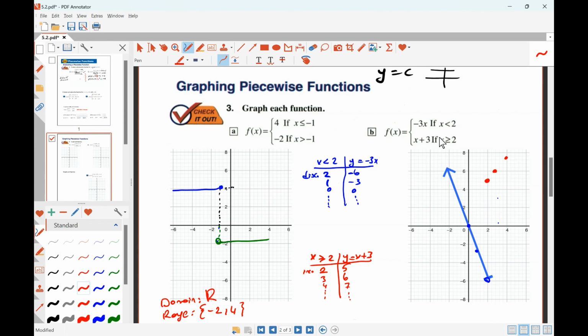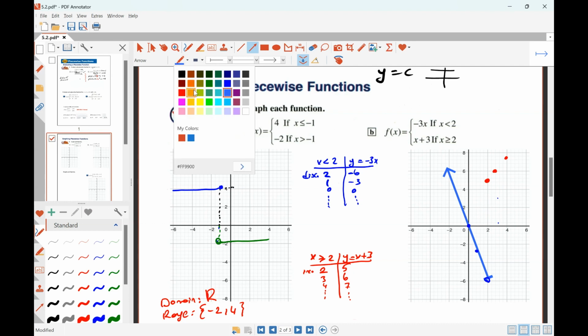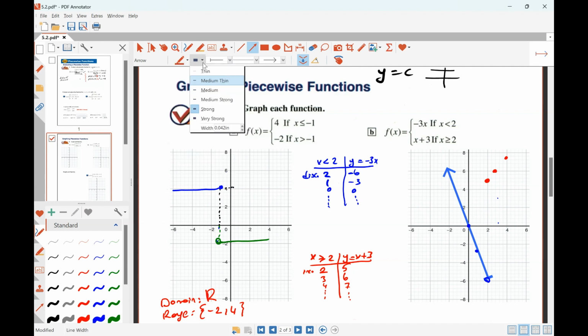Since the function is linear, I have to use a straight line. Connect these points by using a straight line. Okay, connect them and extend the line. So this is how our piecewise function looks.